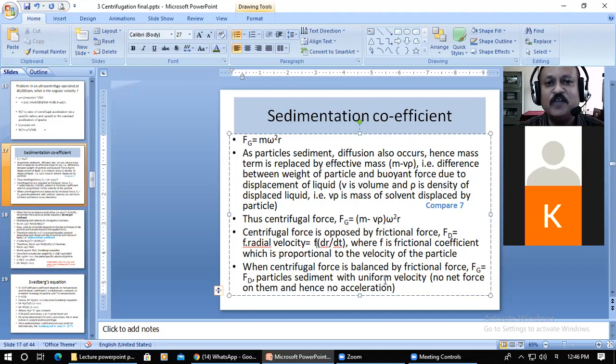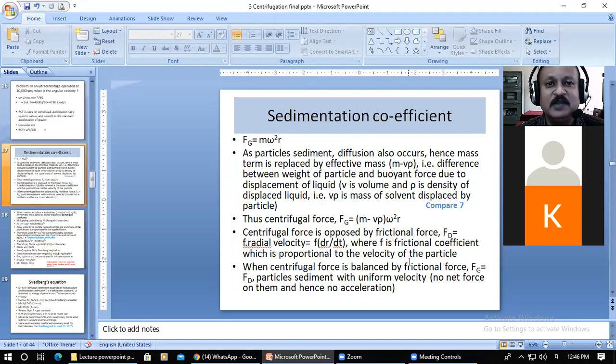The velocity will remain constant, but the particle will continue to fall to the bottom of the tube, in the radial direction, from the center of the rotor to the end of the rotor. That uniform velocity is what we call the terminal velocity.